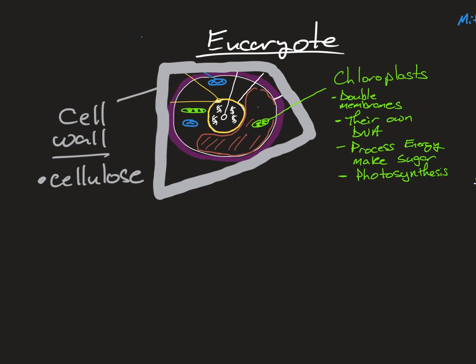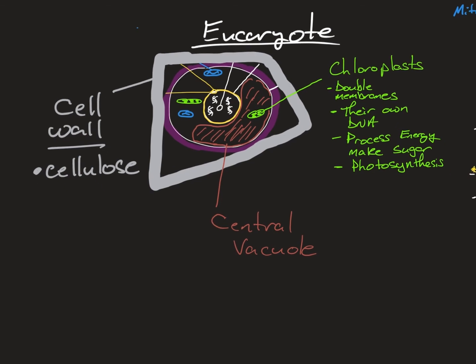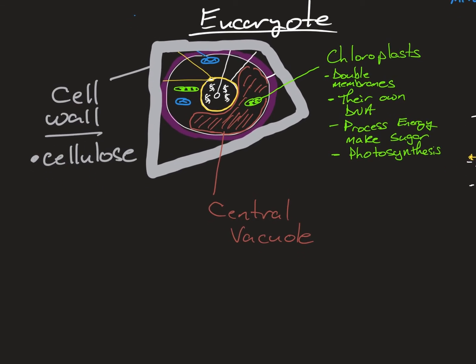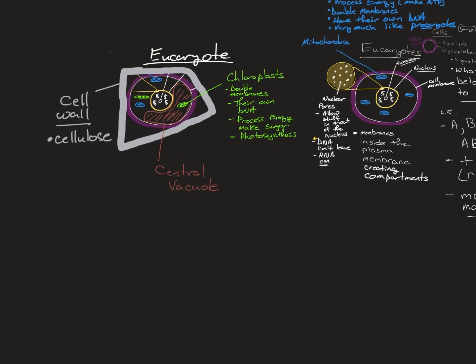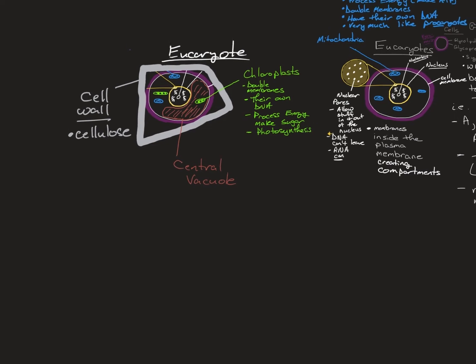This thing holds a lot of stuff, and we'll talk about what it holds later. But it really has a lot to do with water. And this thing's called the central vacuole. So this cell has a central vacuole, has chloroplasts, has a cell wall, but it still has a nucleus and all the rest of the organelles. There's a lot of organelles I still have to cover, but this is what we have so far.